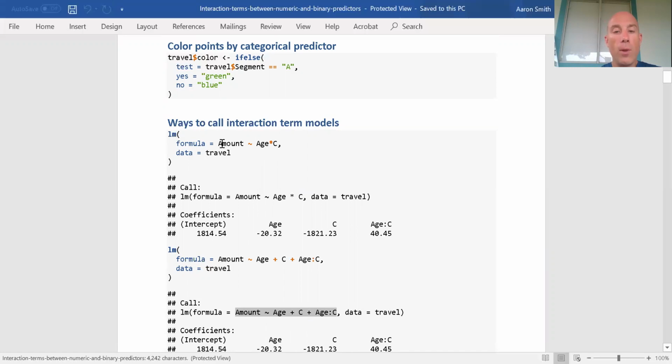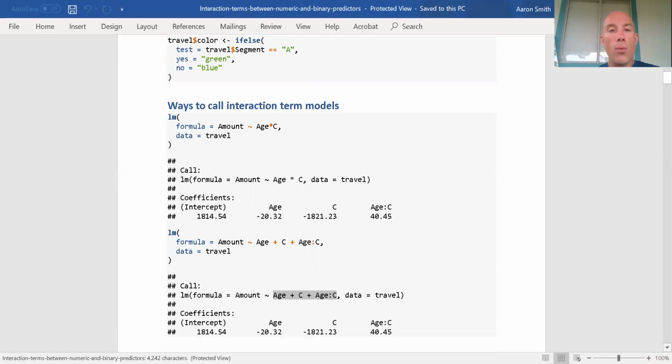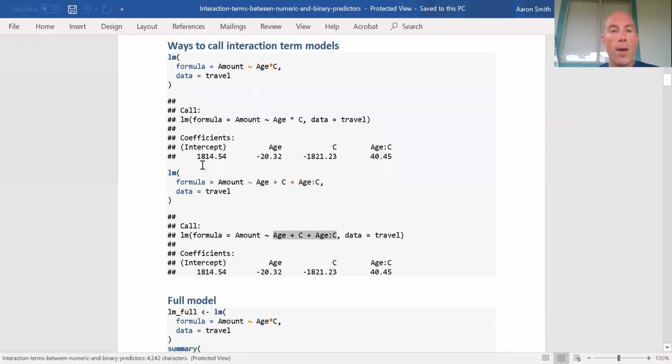So here, in the formula, I have A star C. Here I have A plus C plus A interact C. So the colon means just interaction, star means addition and interaction. If I look through these 2 models, I get 1814, 1814. Age is -20 for slope, -20 for slope.